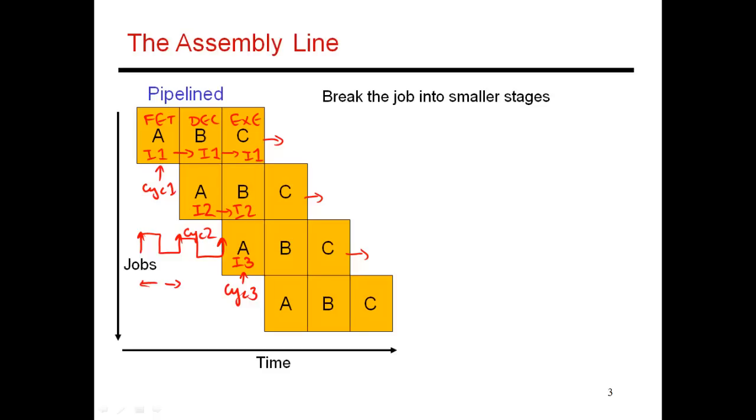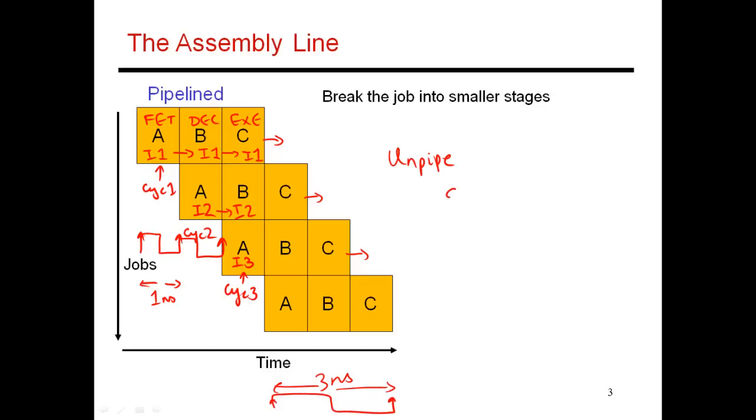If you assume that my unpipelined task took 3 nanoseconds, it means that each stage now takes 1 nanosecond. Okay, so now, if I were to quantify this a little bit more, for my unpipelined design, since it took 3 nanoseconds to do the entire instruction, my clock would be longer as well, right?